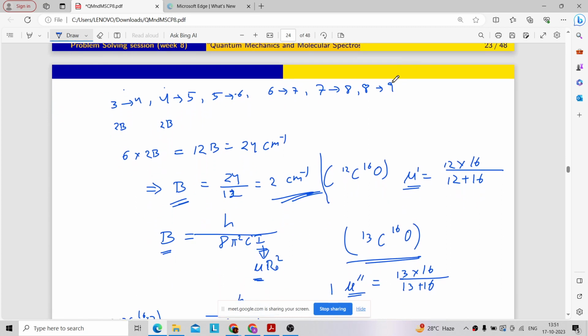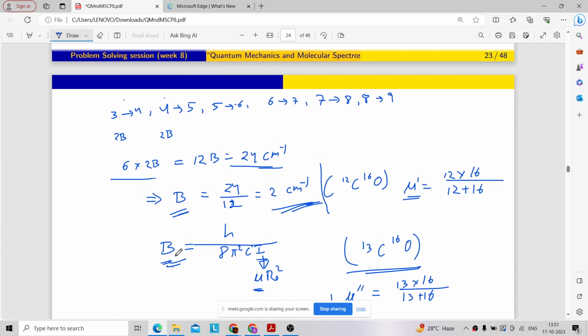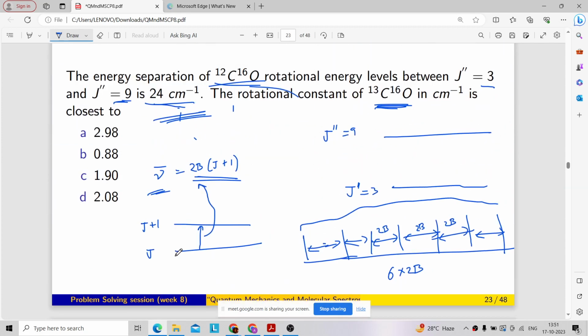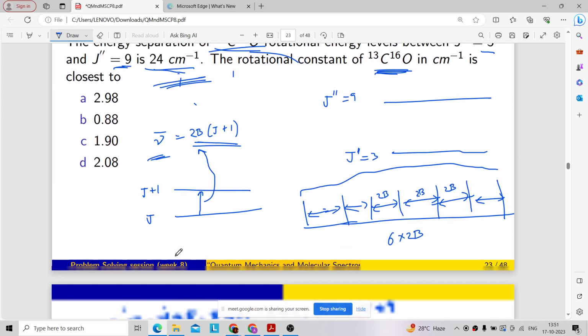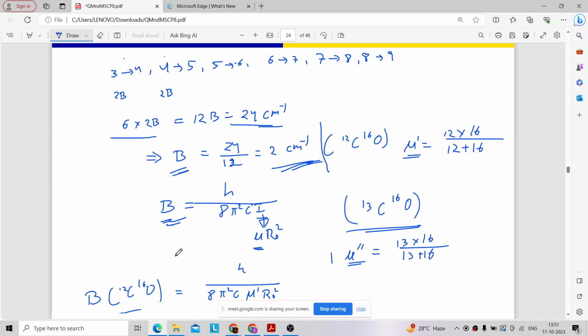That means we'll have 6 times 2B to be 24 centimeter inverse. So from this we can get B, right? So this was for this molecule 12C16O. Okay, so we got the rotational constant for this molecule.